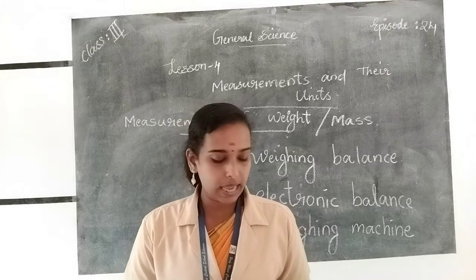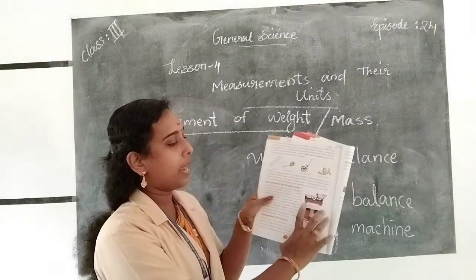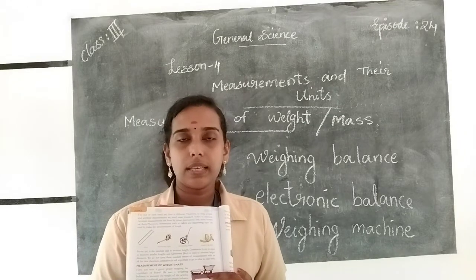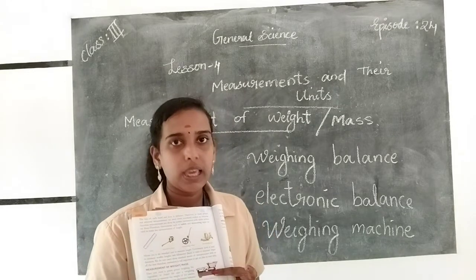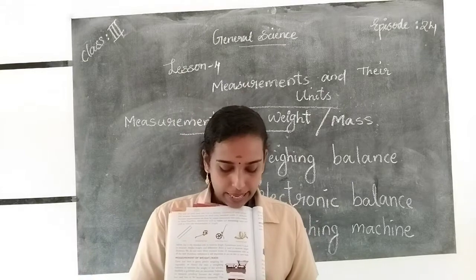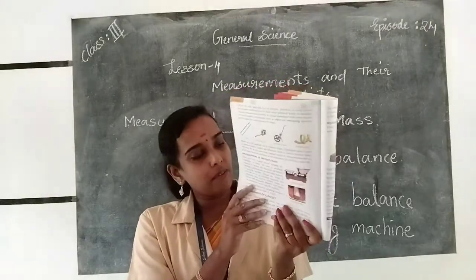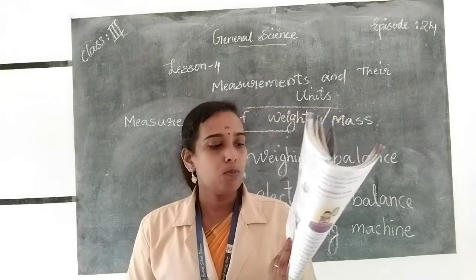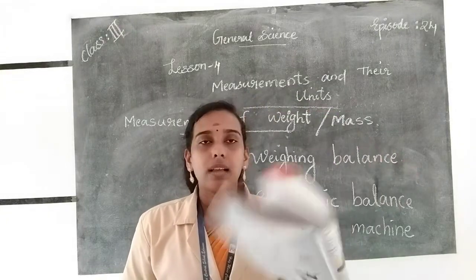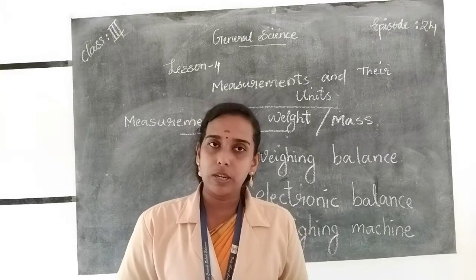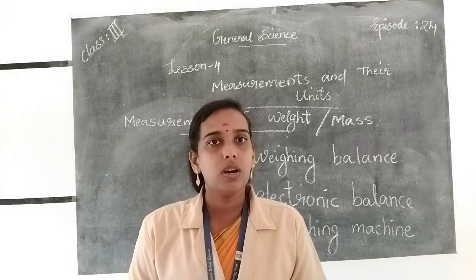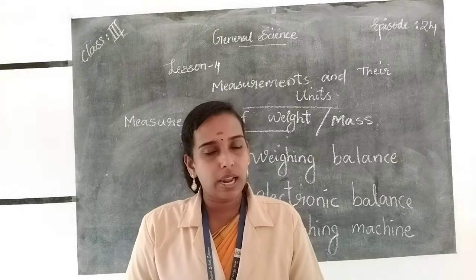Here you can see a weighing balance, which is used in shops to measure the weight or mass of things. Here it's a weighing machine, which is used to measure the mass of our body. And the electronic balance is used to measure the mass of ornaments, jewelries.